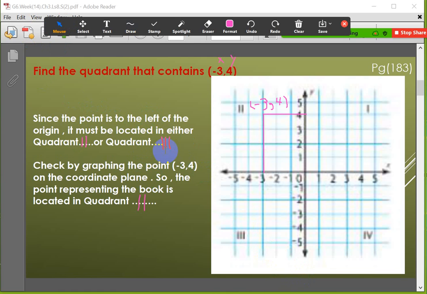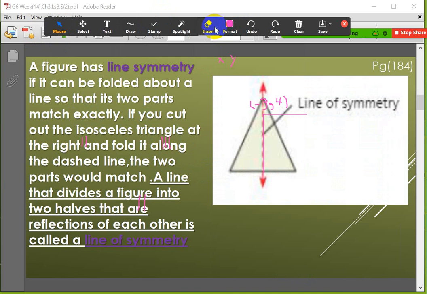Okay, so girls, now we will talk about something else. Look at this triangle. Today we will learn about something new, line symmetry.